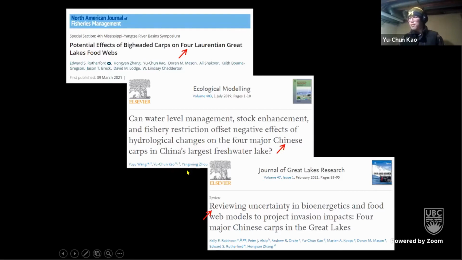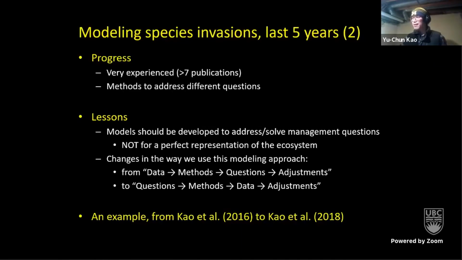And now in the discussion about projecting future impacts, people invited us too, because we have a lot of experience modeling invasive species. So all I want to say is, we have gone a long way here and developed a method.